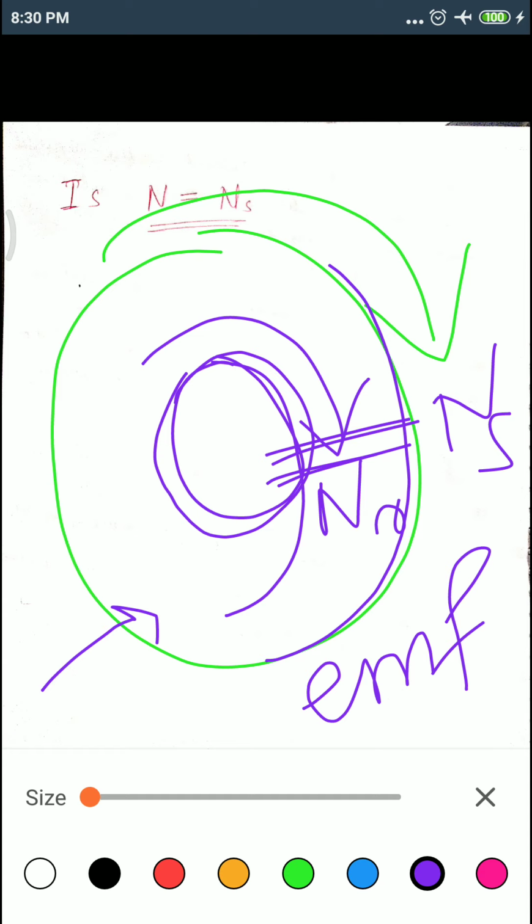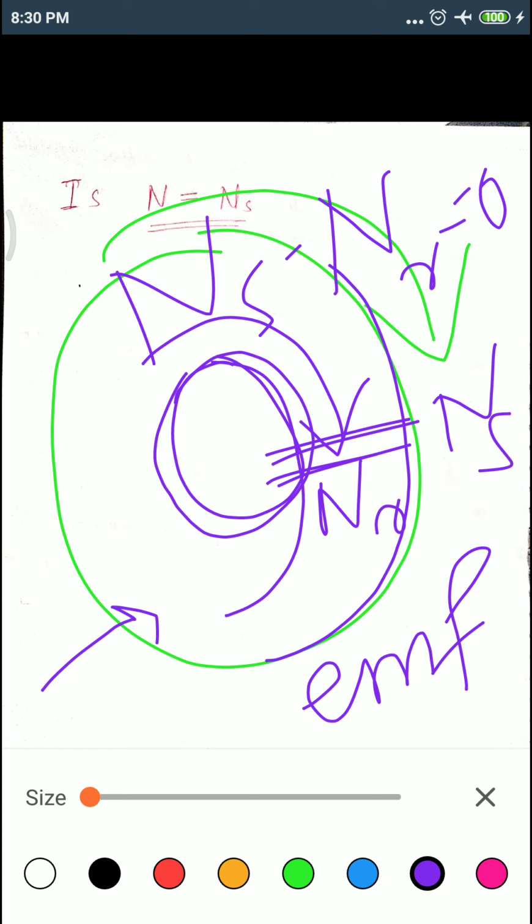So the relative speed between NR and NS vanishes when these two are equal. EMF will not be there, current will not be there, and the rotor again stands still, meaning it will not rotate.